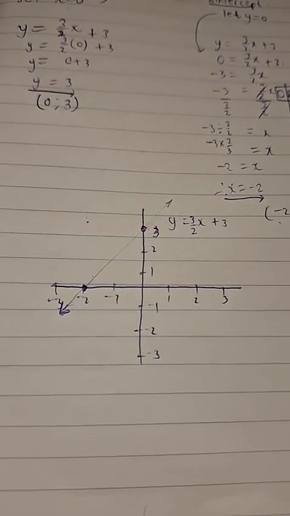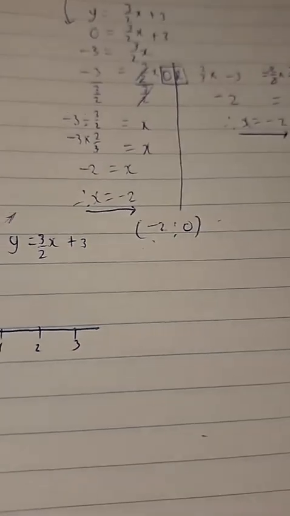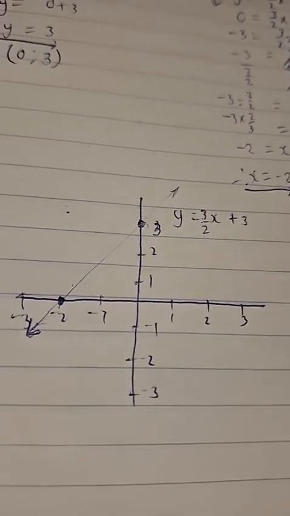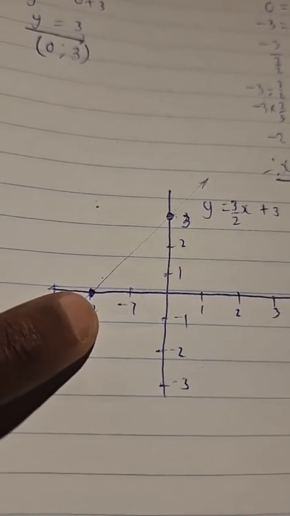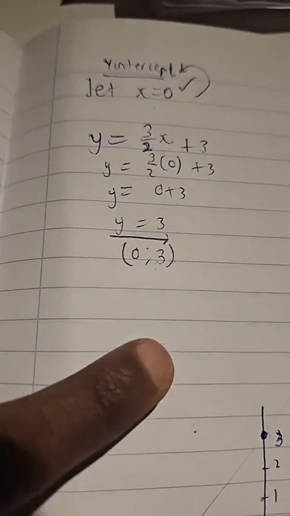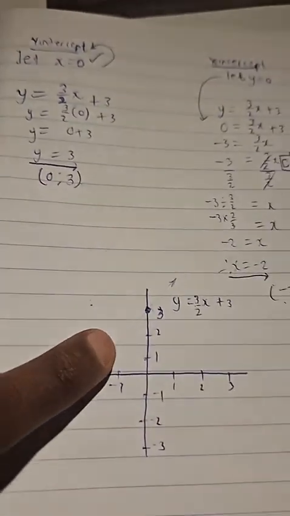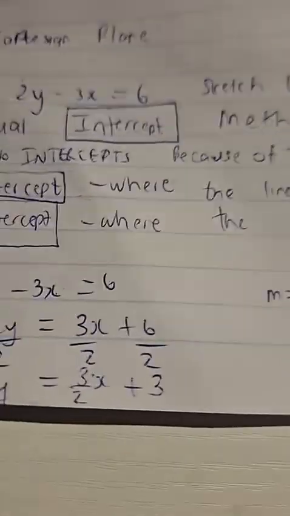Where is there a 2 that is positive? This x is negative 2, and this is a y that is 3. Why is 2 positive? How is it supposed to be now?